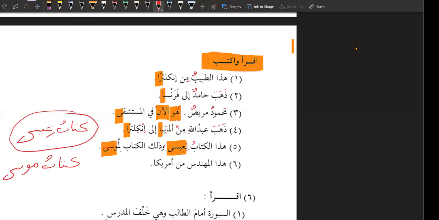But وذلك الكتاب لموسى means that book belongs to Musa. So because the lam al-milk belongs to لموسى.